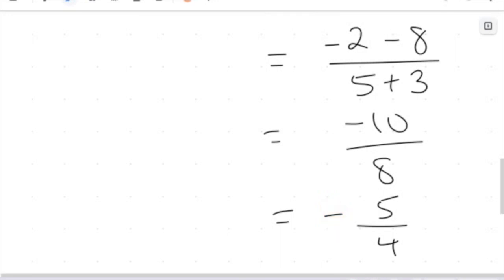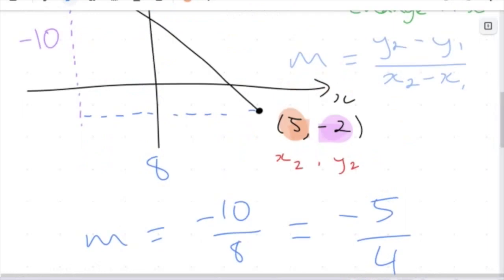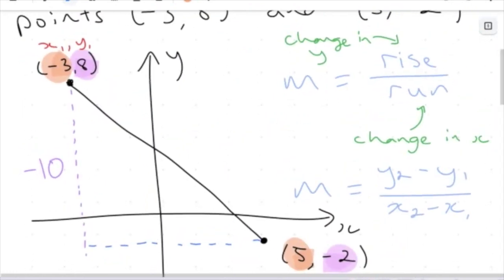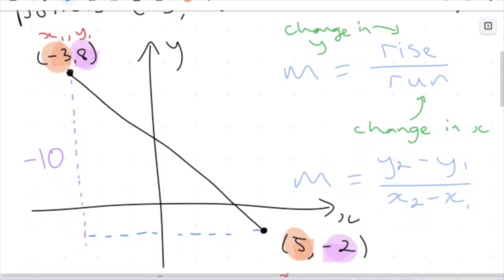So the way we go through these questions ends up being exactly the same, whether you use this initial formula that we learnt, defining the gradient as rise over run, and just finding the distances between the two different y values and the x values, or this newer formula you would have learnt last year. So that's how we can think of the gradient.